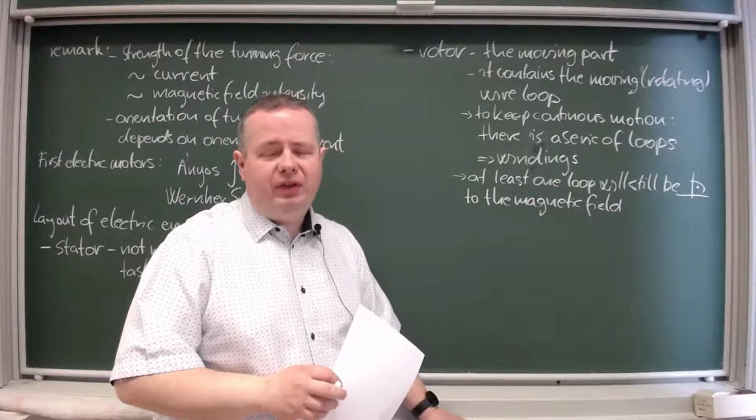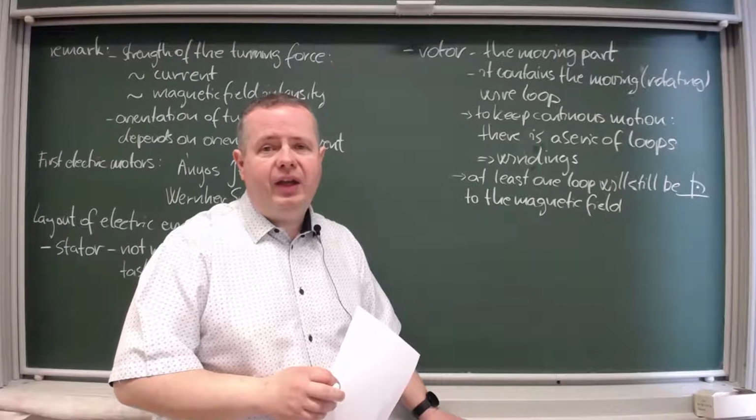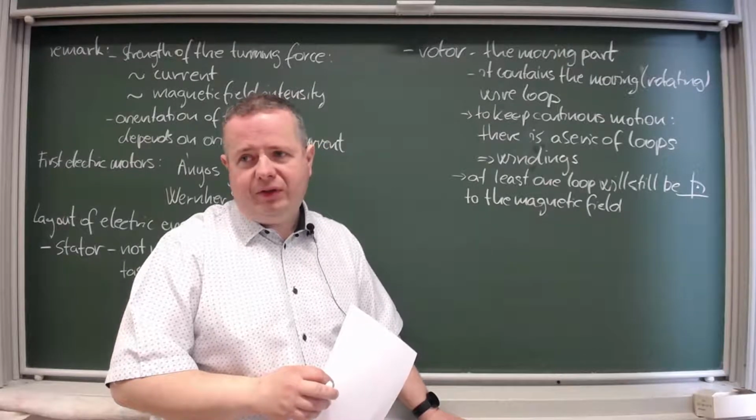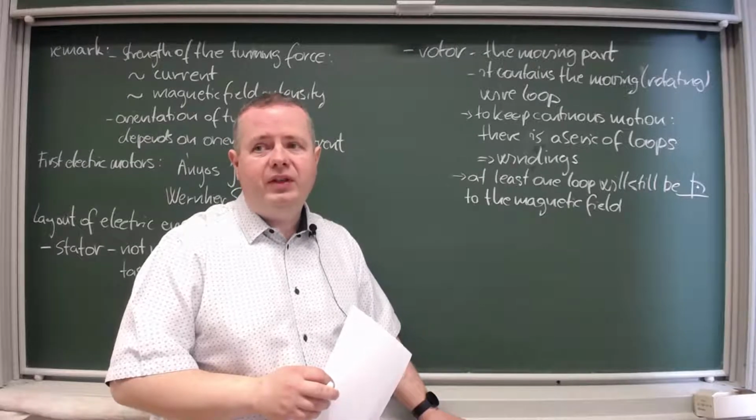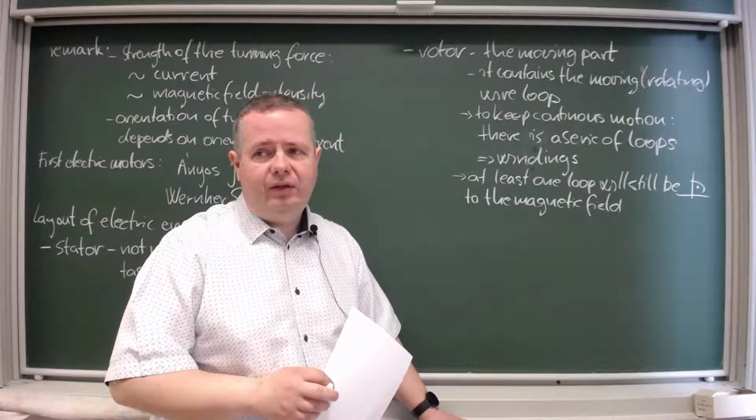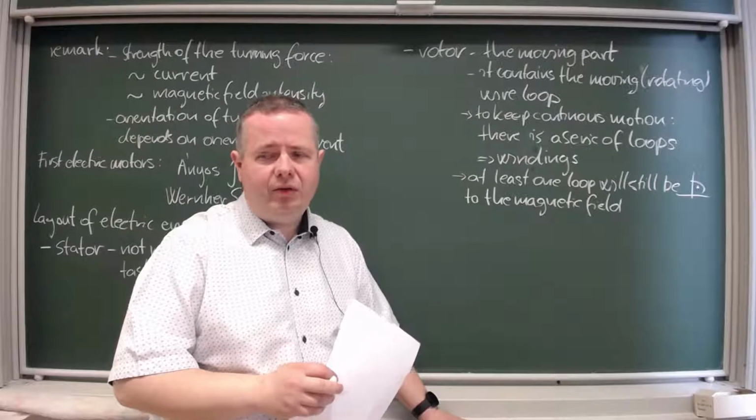How we put the electricity inside the wire loop? This is a quite important question. It was not obvious because it's a moving thing. So we have to make a connection between a moving part and the source of electricity.